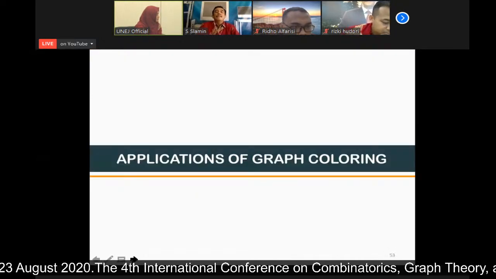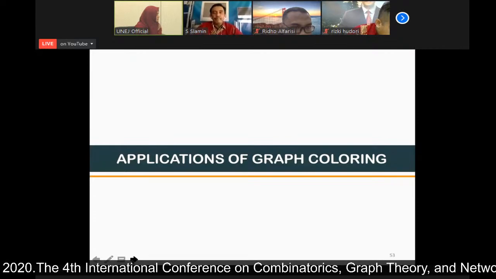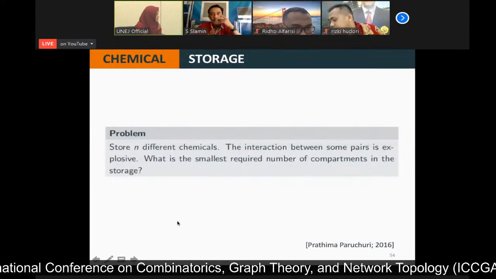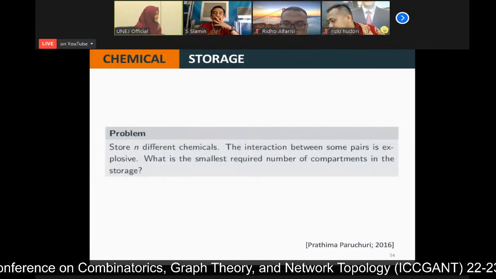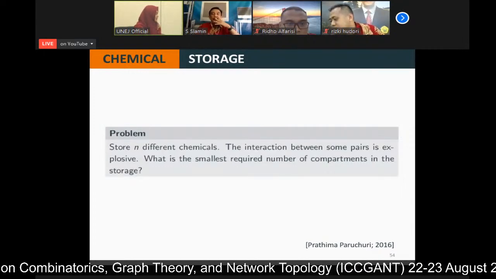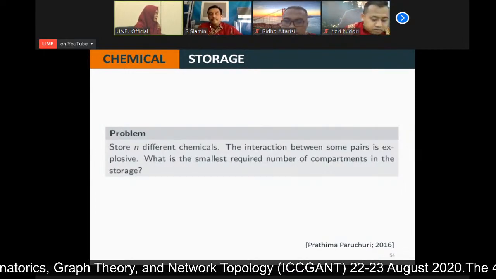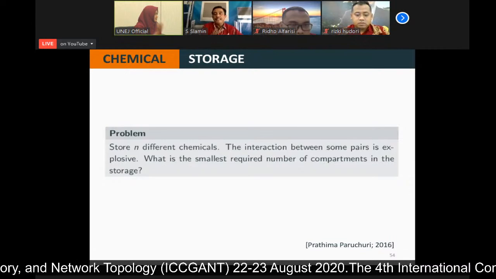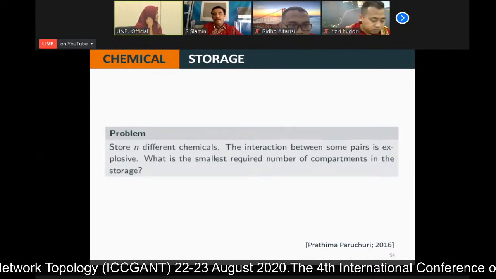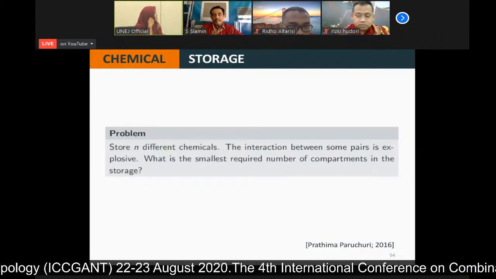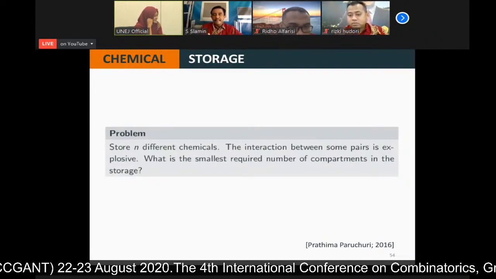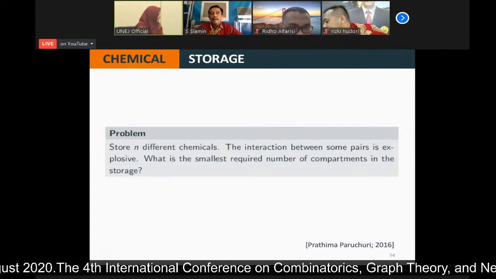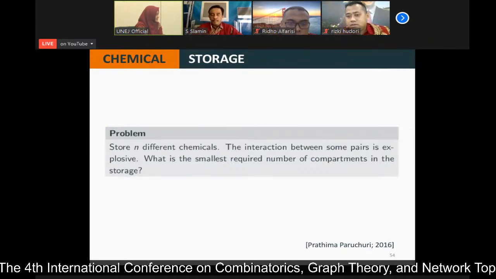Okay. Now the applications, the last part of my talk: applications of graph coloring. The first one is chemical storage. The problem is when we want to store n different chemicals, and if there is interaction between some pairs of chemicals, mixing them will cause an explosion.